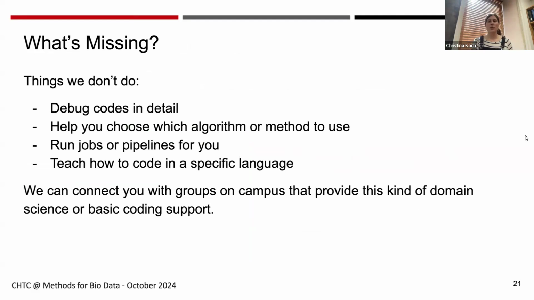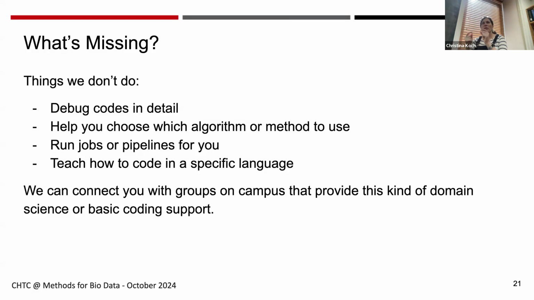So, things we don't do. We assume that you already know more or less how to run what you want to run. We can't provide domain-specific advice, like which algorithm or method you should use. We can't help debug codes in detail.